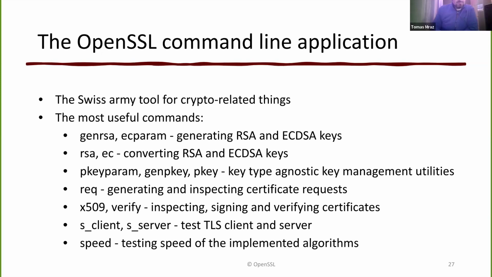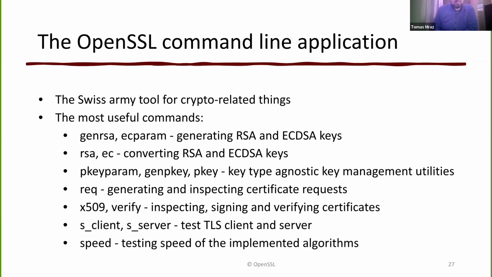The genrsa and ecparam commands are for generating RSA and ECDSA keys. Then we have the rsa and ec commands that can be used to examine and convert RSA and ECDSA keys. And then we also have the genpkey, pkeyparam and pkey utilities that are key type agnostic.